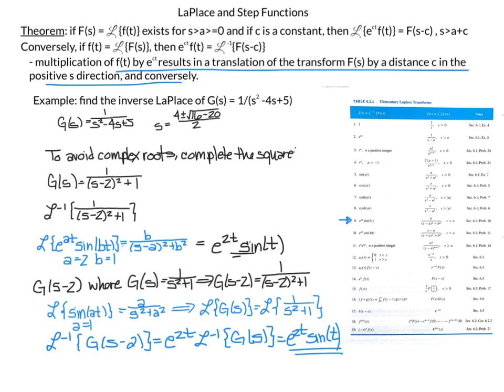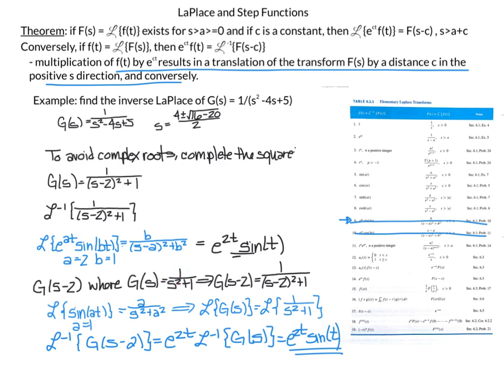So to summarize, we did this problem a second way, assuming that we did not have these table entries, this entry and this entry, so we couldn't just look it up in the table. The closest thing we had were the sine and cosine. So we viewed this G of s function as being equal to a translation of this modified G of s function, 1 over s squared plus 1.